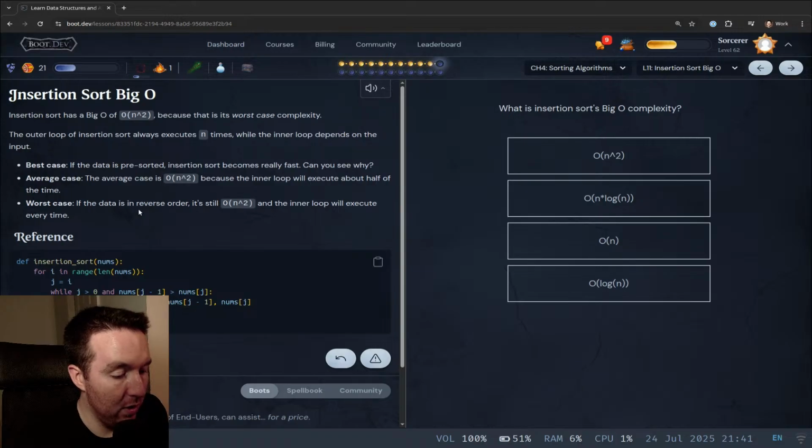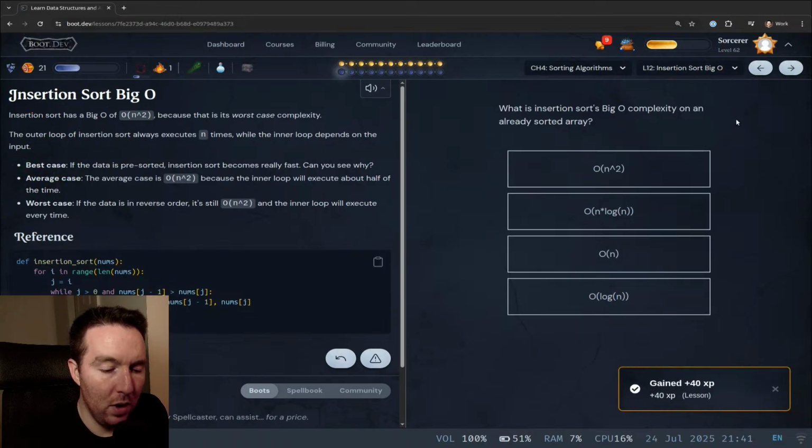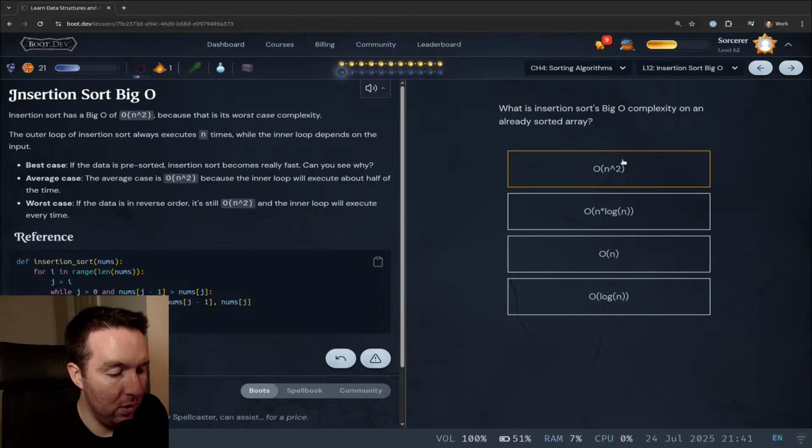What is insertion sort's big O complexity? You just told us what it was. And then what is insertion sort's big O complexity on an already sorted array? An already sorted array, I think it's going to be O(n).